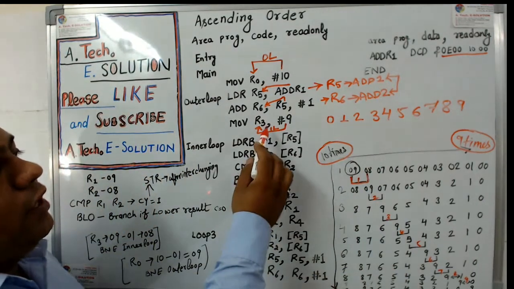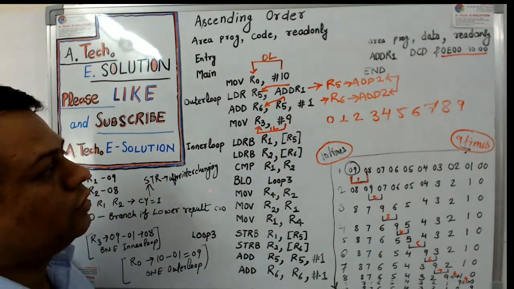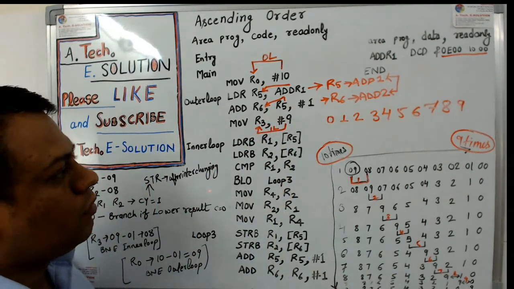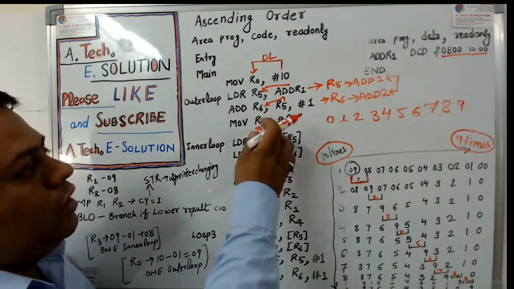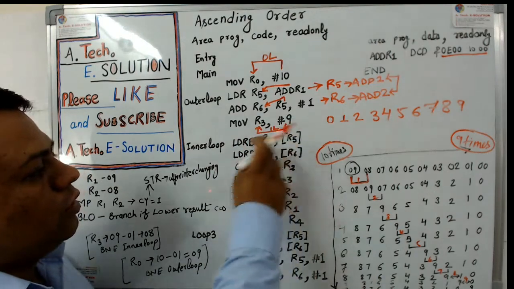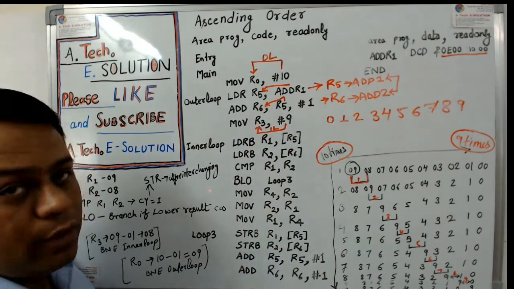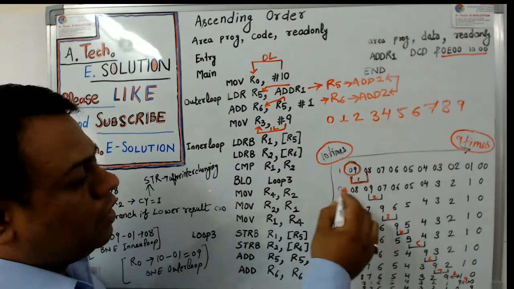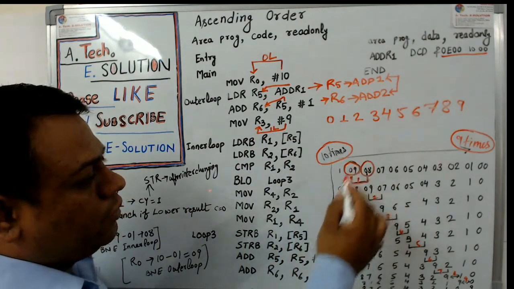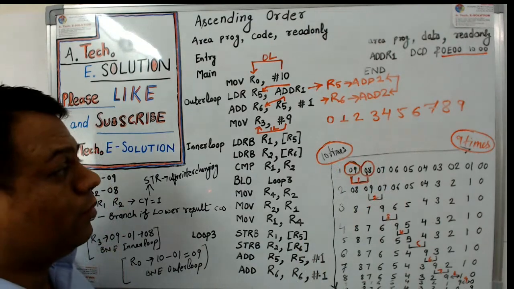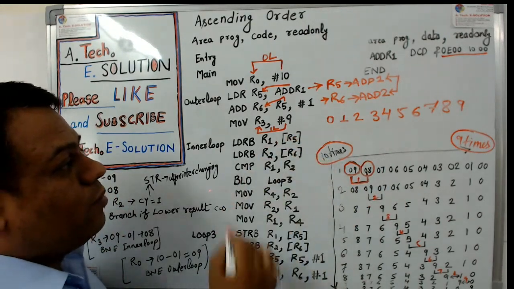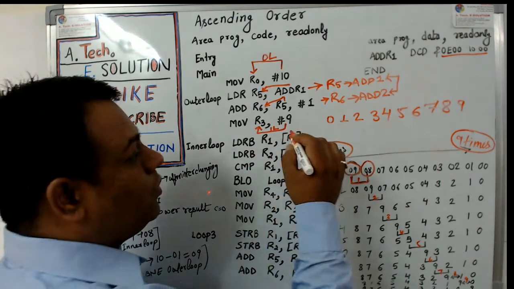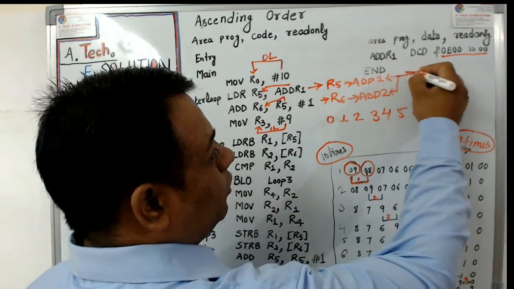Then we initialize this counter as an inner loop. In this inner loop, we have to compare these numbers. Let us take the first number 09 and the second number 08, and then we compare these two numbers from the R5 memory location. What is the R5 memory location?